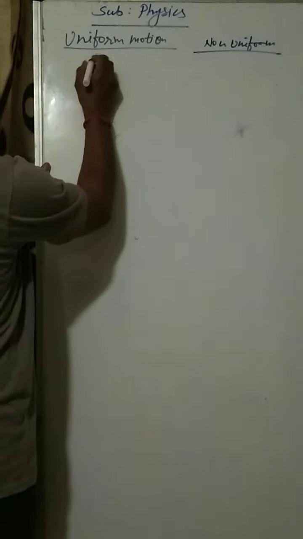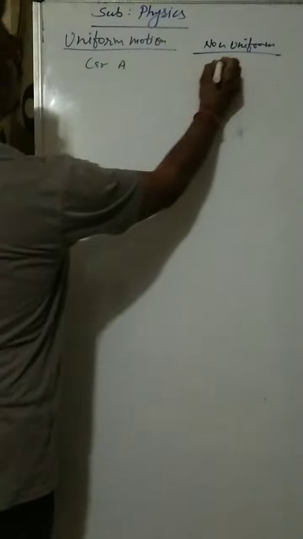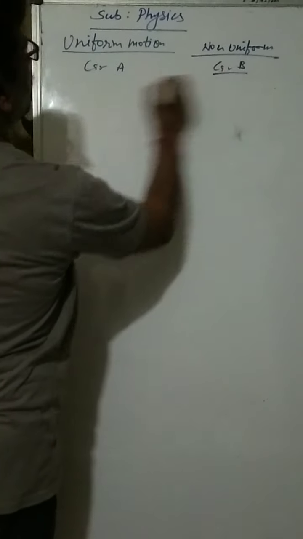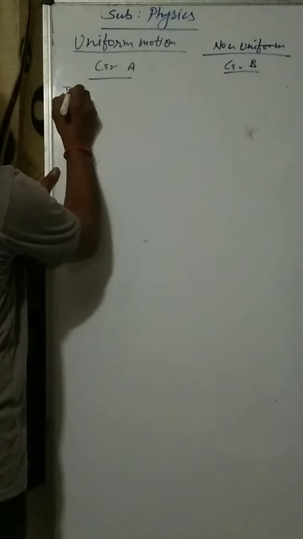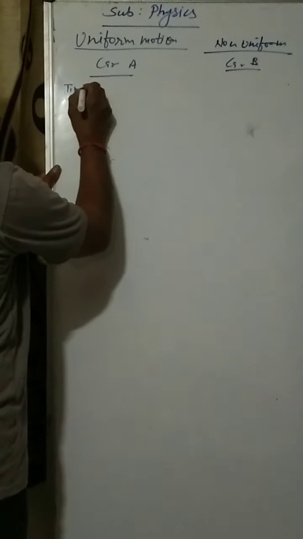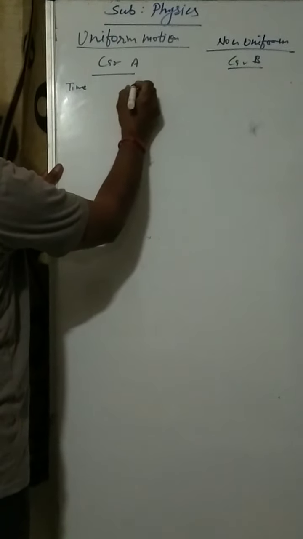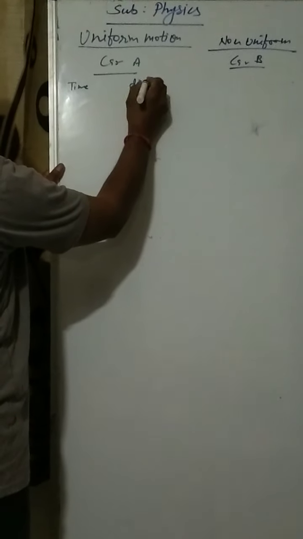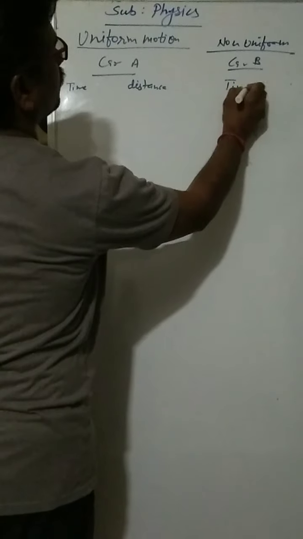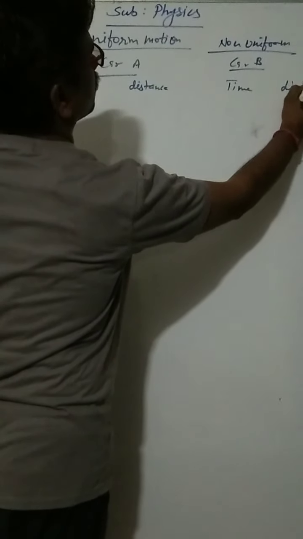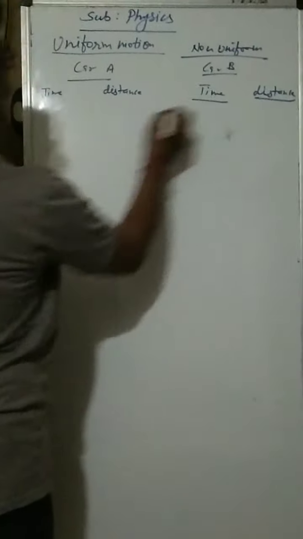Suppose a car is there, car A and car B. This is the time in seconds, and this is the distance, again the time and the distance.